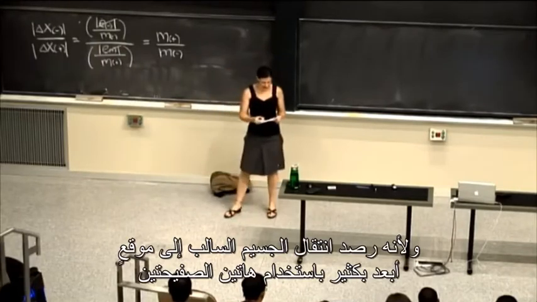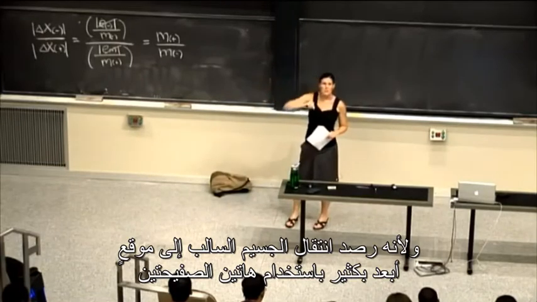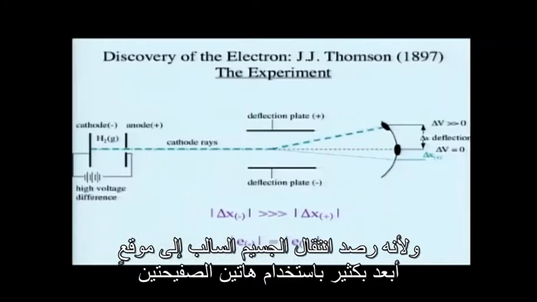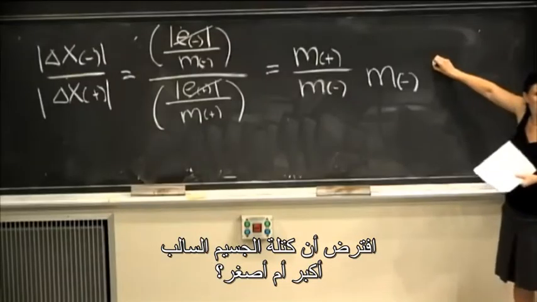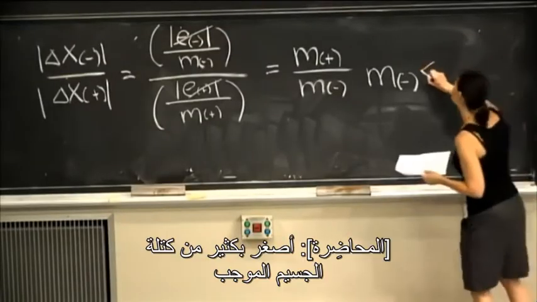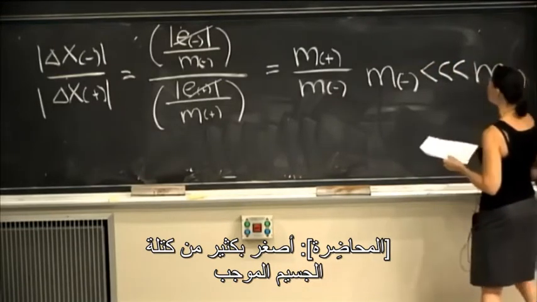So because he, of course, observed that the negative particle was deflected much, much further by those plates, what he could also assume and make the conclusion of is that the mass of that negative particle is actually larger or smaller? Much, much smaller, exactly, than the mass of the positive particle.